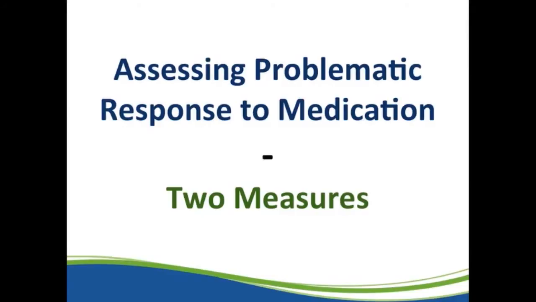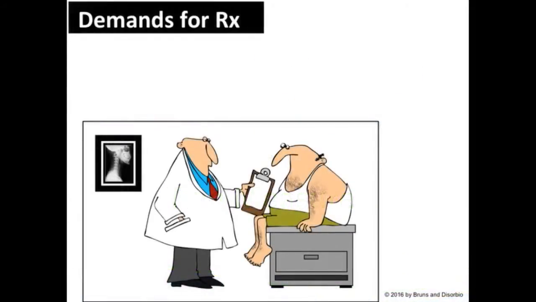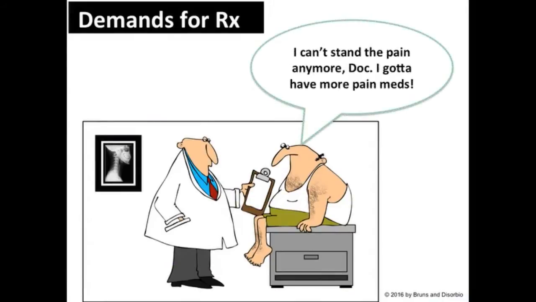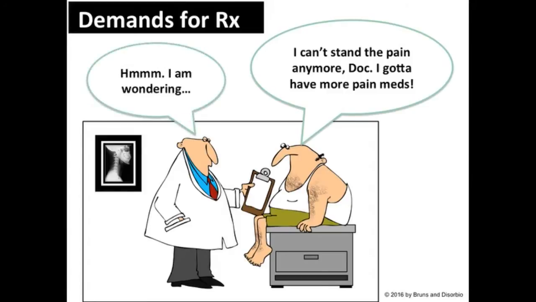Perhaps the best way to think about this intuitively is to consider a conversation between Bob and Dr. Cutter. And here, Dr. Cutter is listening to Bob, and Bob is saying, "I can't stand the pain anymore, Doc. I got to have more pain meds." And Dr. Cutter is wondering what to say.